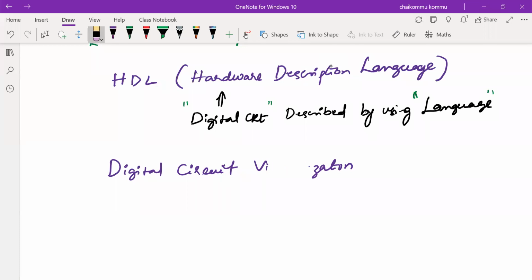How do we visualize a digital circuit? That's an important one.